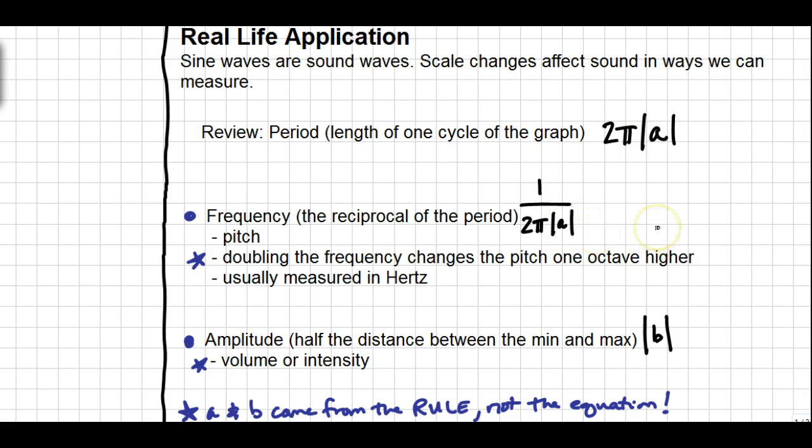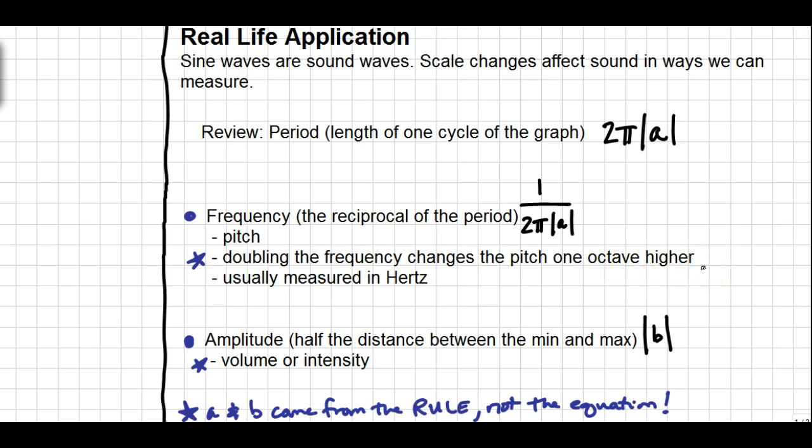Another important piece about frequency is that when you double it, meaning this value here, that will change the pitch one octave higher. And again, that's just information for those of you musicians to help give some context to what the frequency is all about. So doubling the frequency gives you a one octave higher sound.